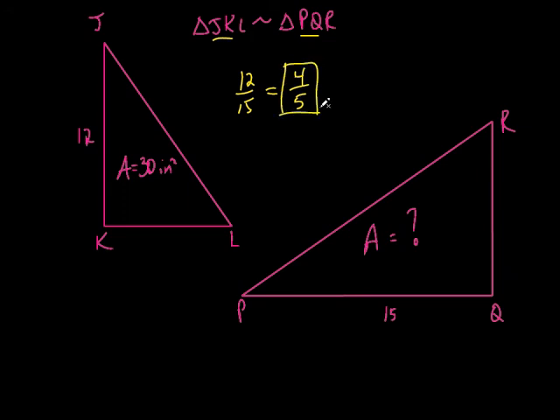What did our theorem that we just talked about say? It says if we take our scale factor, the square of the scale factor is going to equal the ratio between the two areas. You hear what I just said? If you square the scale factor, it's going to equal the ratio of the two areas. So what am I going to do with this? Square it and square that.